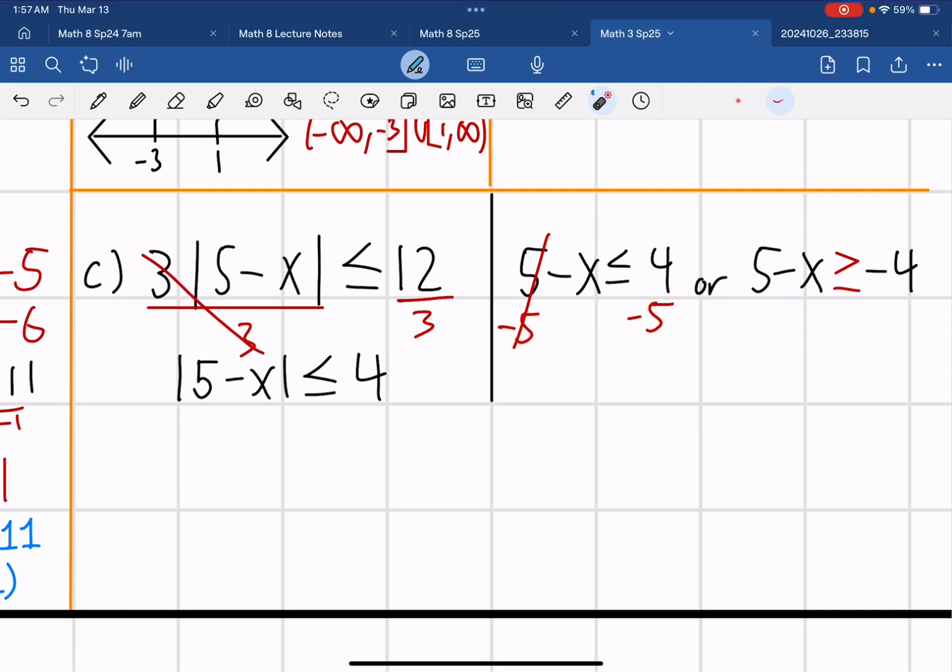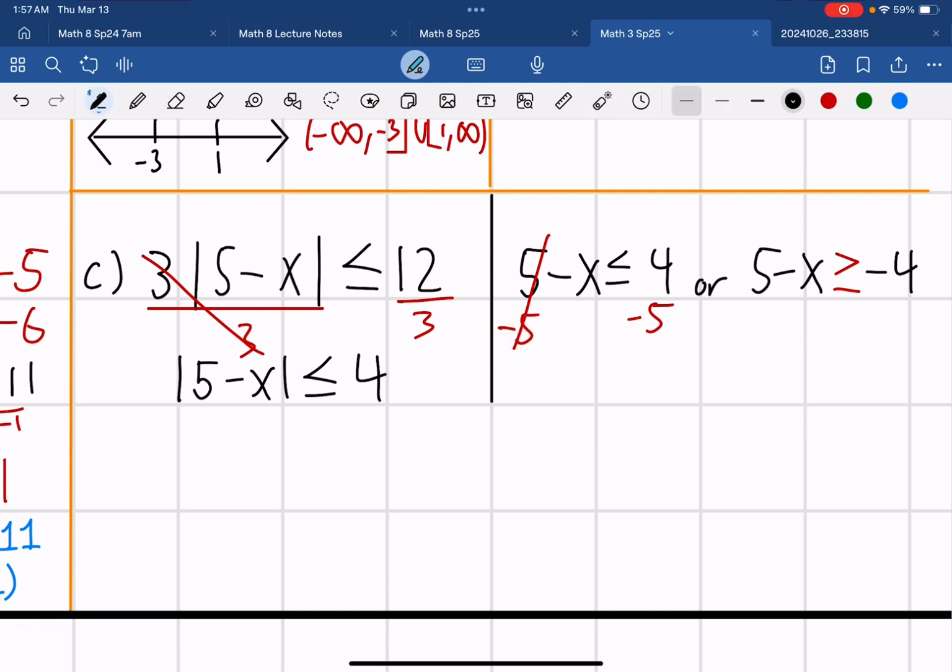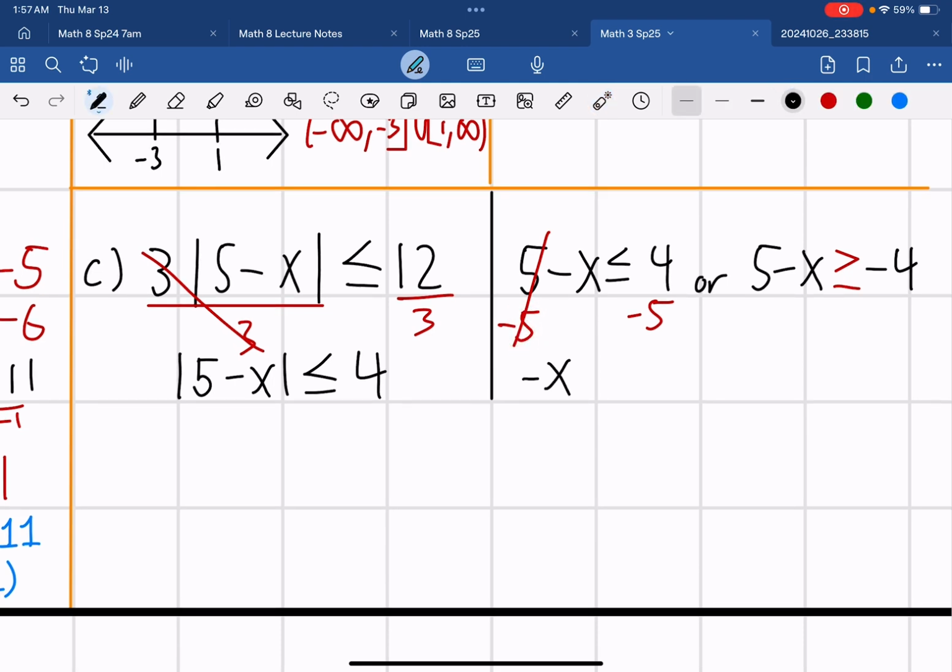You usually want to make a subtraction on a straight line, like -5 here, -5, but for the sake of space and time, I'm writing here at the bottom. So -x less than or equal to -1, and now I have to divide by -1, which means I'm going to have to switch my inequality to greater than or equal to +1.